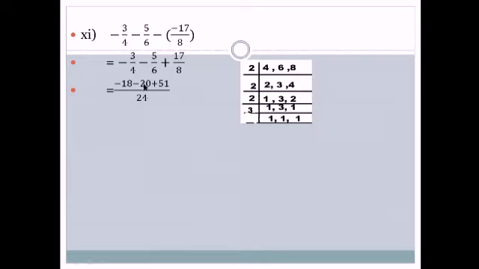Sign you copy as it is and then 20. Now come to the third fraction. LCM is divided by the third fraction denominator 8. 8 threes are 24. Answer is 3. 3 multiply with the numerator. 17 3s are 51. So you get the LCM and you solve this fraction.